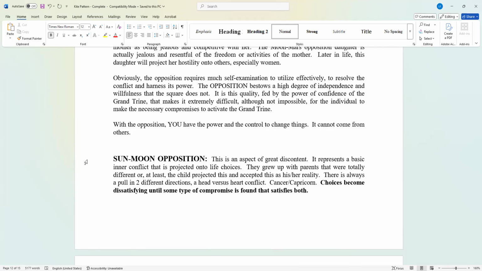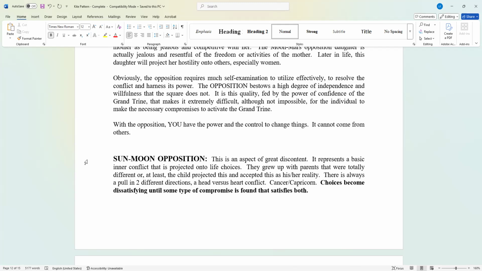So the moon in Capricorn really was part of his father, where the sun in Cancer was really connected with his mother. And so he's kind of pulled in opposite directions. And I believe Princess Catherine has a similar opposition in her chart. So when you have a sun moon opposition in a kite, it causes a great deal of discontent.